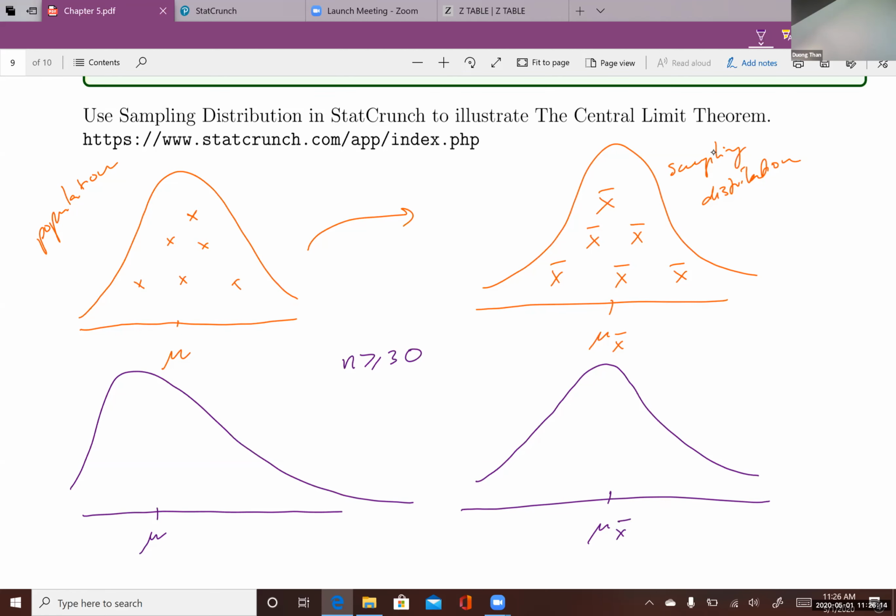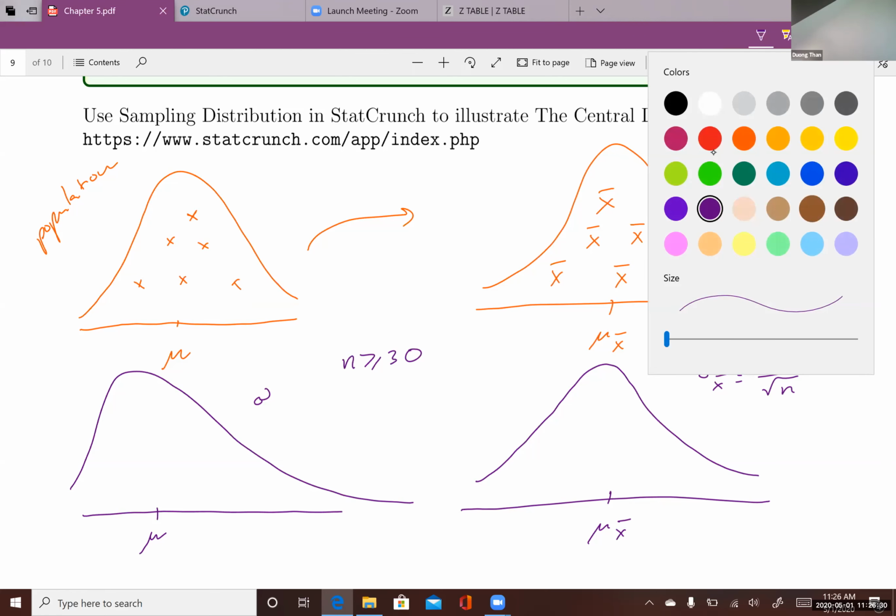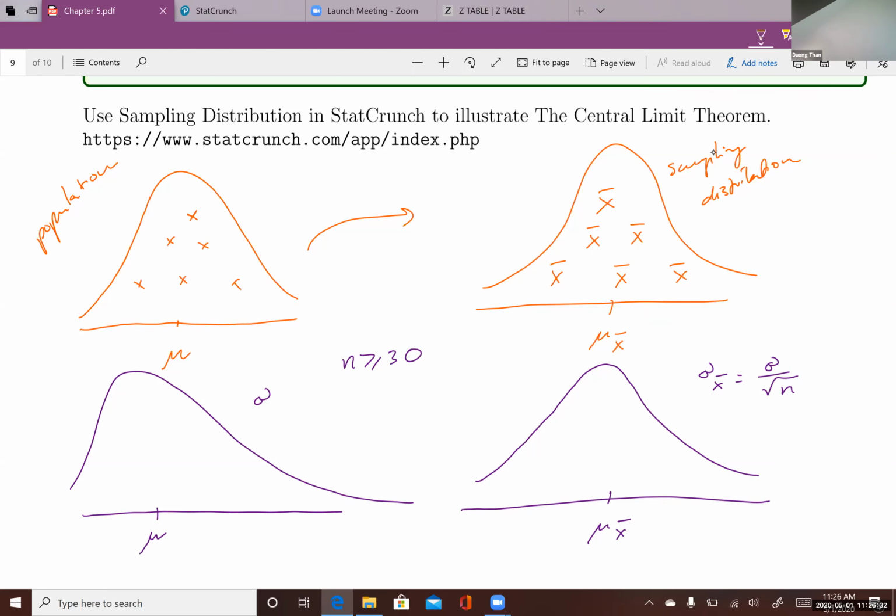And also sigma x bar is the same as sigma divided by square root of n, where sigma is the standard deviation of the population. And we know that the mean of the sampling distribution is the same as the mean of the population.